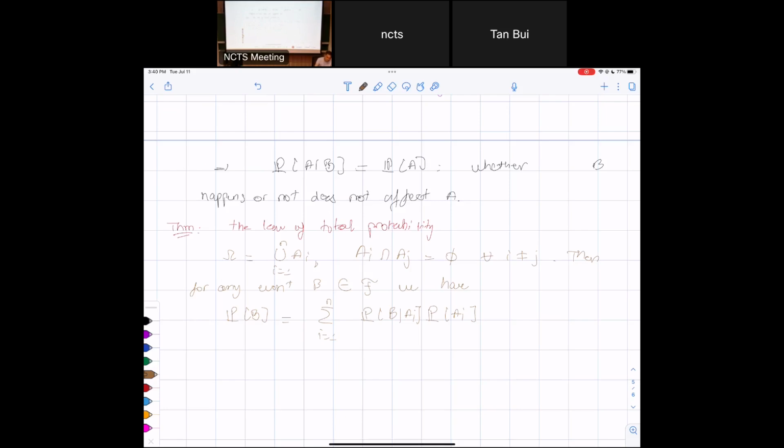Actually, this is very similar to what you learned when you learned integrations. When you do Riemann integrations, you have seen this before. Making connections with what you know is really important.